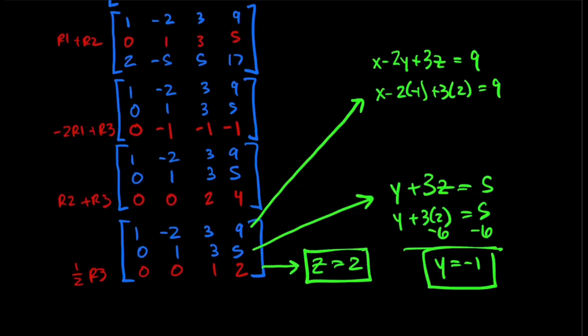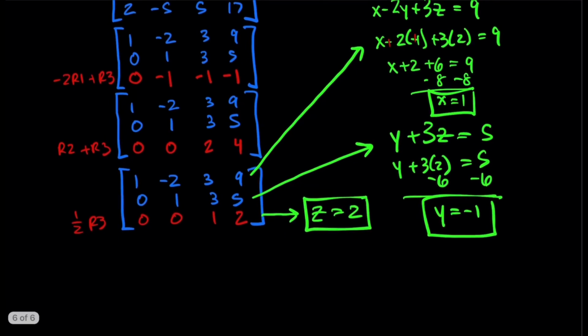So right here, those cancel. That's going to give me x plus 2 plus 6 equals 9. Subtract 8 from both sides. X equals 1. So the solution to this system as an ordered triple would be 1, comma, -1, comma, 2.